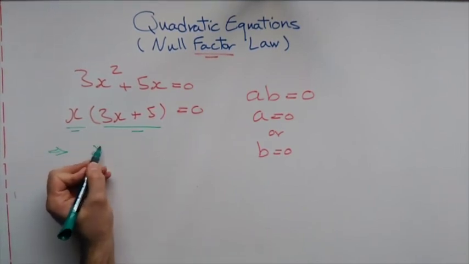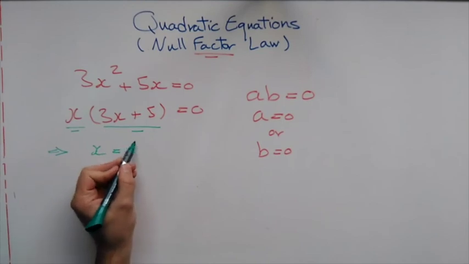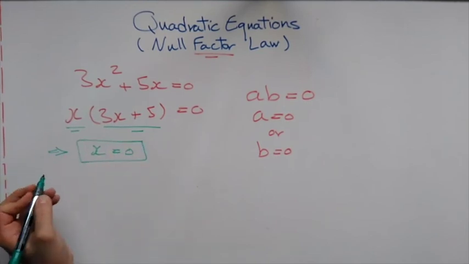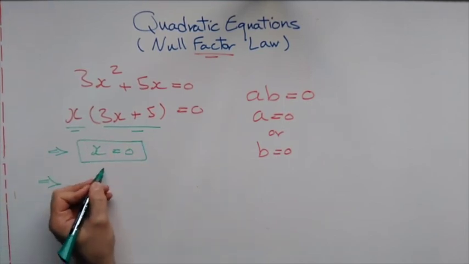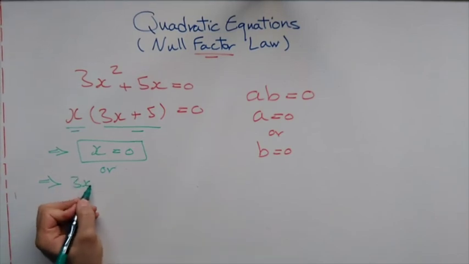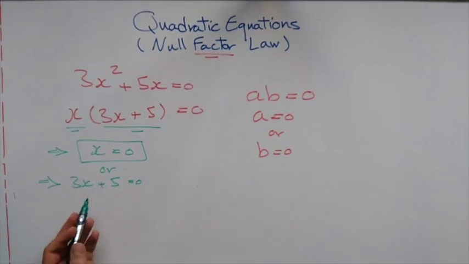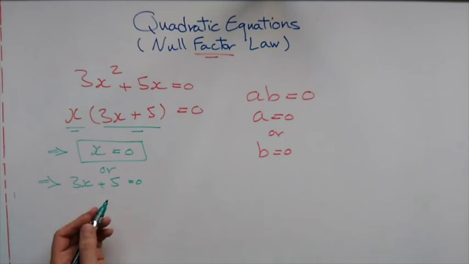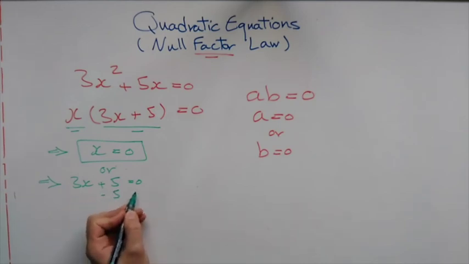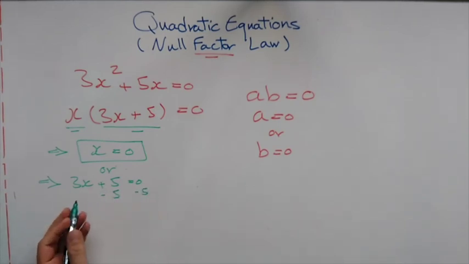So one of the answers would be x equals 0, or 3x plus 5 equals 0. Now we're going to solve this linear equation to find the answer for x. It's so simple. You learned it in grade 9. We're going to subtract 5 from both sides.